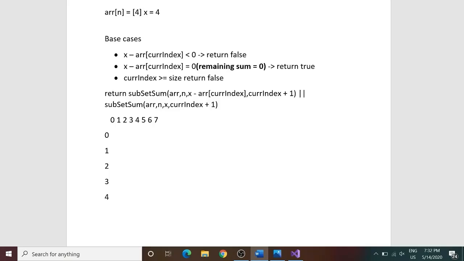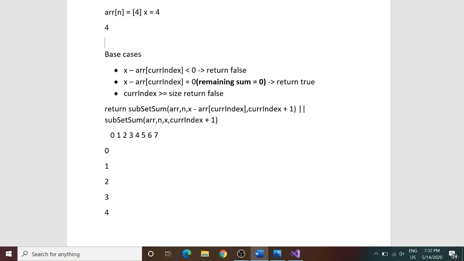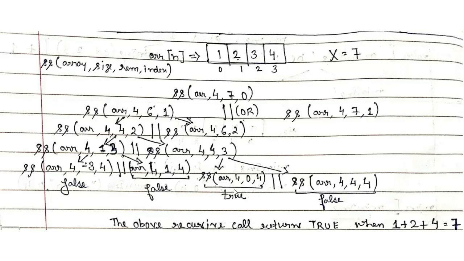I have a single element. So how many subsets would we have? We would have 2 to the power n subsets, where n signifies the total number of elements. So 2 to the power 1 is 2. We would have 2 subsets over here. One subset would be 4 and the other subset would be a null set. Now, can I make 4 with any of these 2 subsets? Yes, I can sum this up and have a 4. And hence I return true over here.